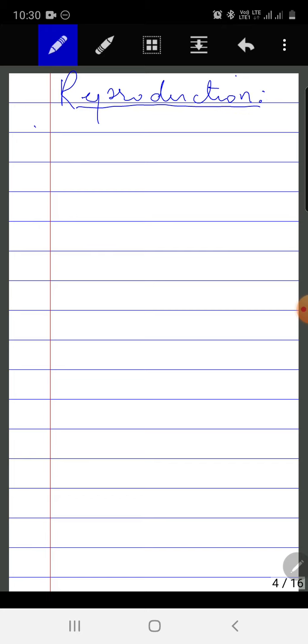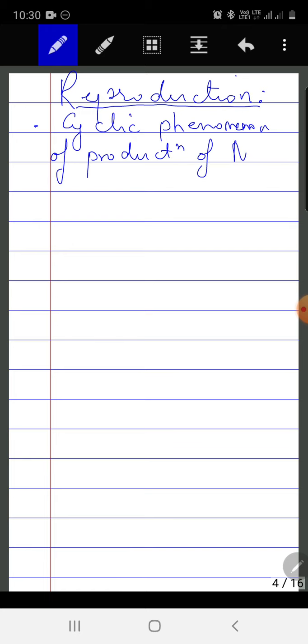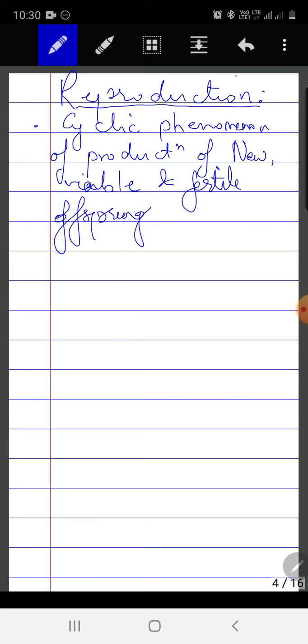Reproduction is defined as a cyclic phenomenon of production of new viable and fertile offsprings, or young ones.